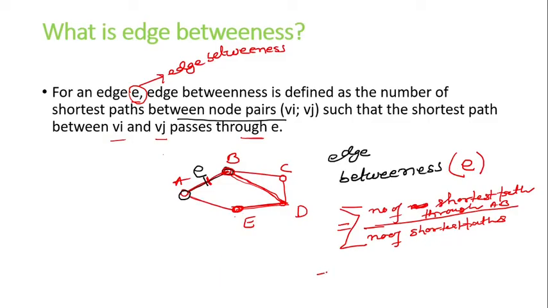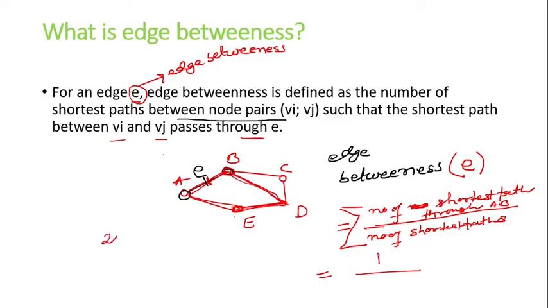Here, this is the first path of length 2, which has AB in its path, and another one is ADE. In both cases the shortest path size is 2.